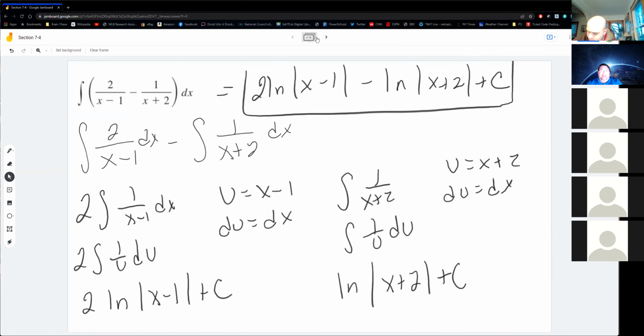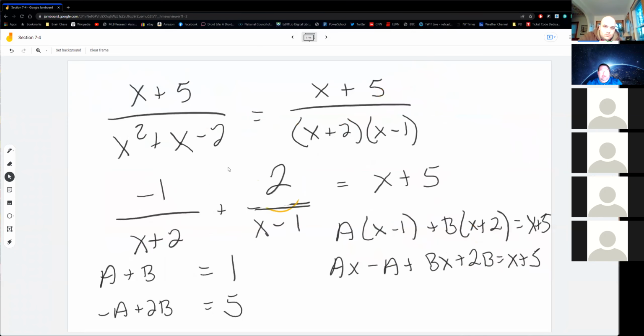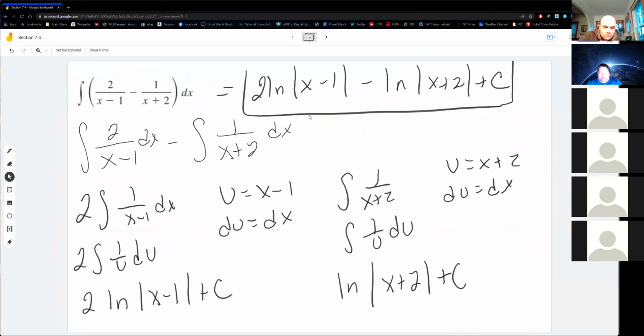The very first problem I did is the same as this problem. Once you get back to the 2 and the -1, which we got here, it's the same problem that we did at the beginning. So this would be the integral for it with the U substitution. Got it. Okay. That's why I did that first, because I wanted to show you that the integral part's actually pretty easy. It's just we have to get to that point to actually do it.